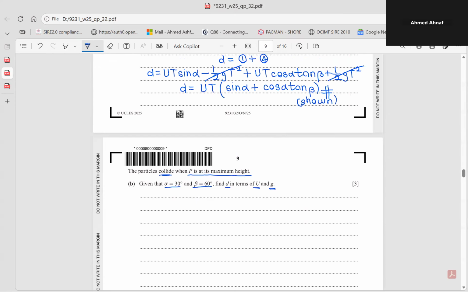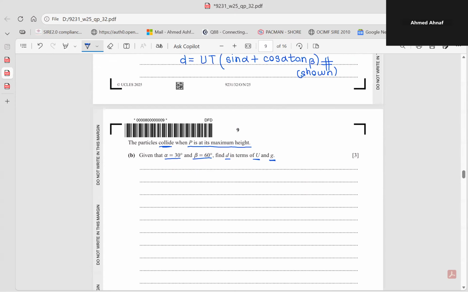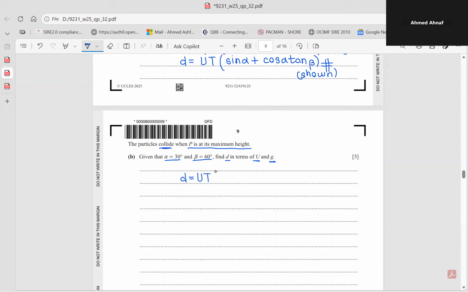All right, let's first substitute alpha and beta into the previous expression we found. Okay, so D is UT, bracket, sine alpha, so sine 30 degrees plus cosine 30 degrees times tangent 60 degrees.